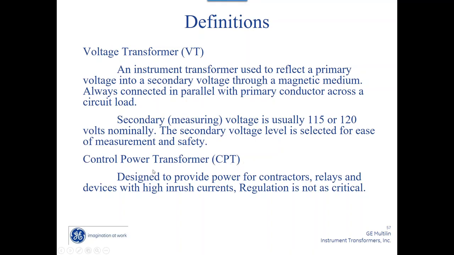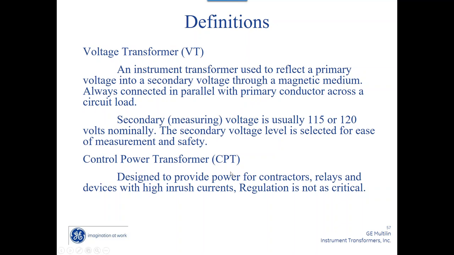The difference is control power transformers are designed for contactors, relays, and devices with high inrush current. A lot of people don't realize it, but a solenoid is like a 0.5 power factor, and they give you the rating in watts. Well, all of a sudden, when I go to VA, which is the way I size transformers, the VA is double what the watts is at 0.5.